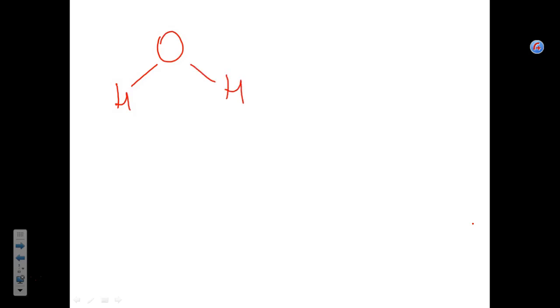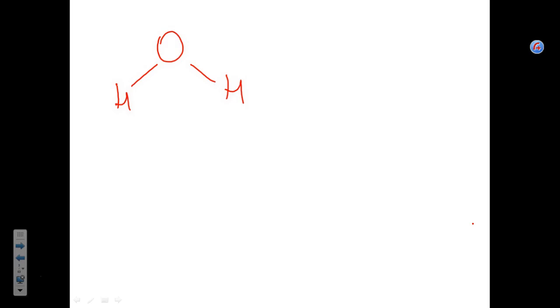Right? One oxygen, two hydrogens. All atoms have a certain propensity to pull electrons towards themselves. That's a reminder, it's not going to be on the exam. That feature of atoms is called electronegativity.